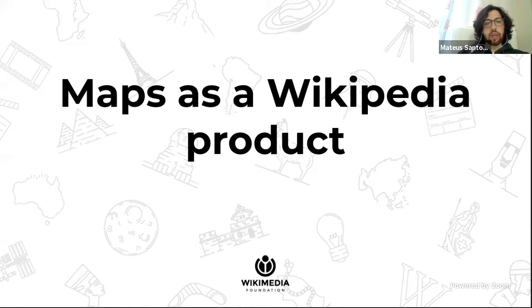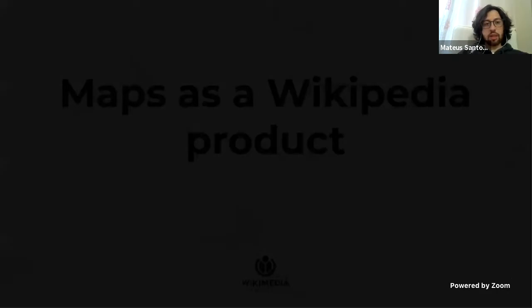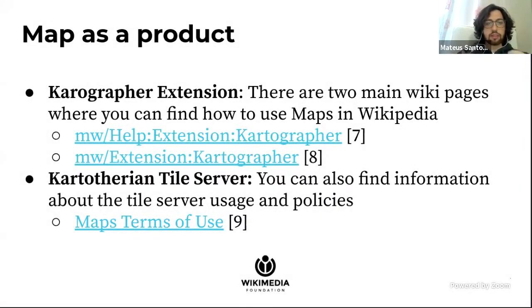Okay, so what is Maps as a Wikipedia product, and how is it available for the community? Maps has two main products. One of them is the Kartographer extension, which is mainly used by the community, where we can integrate maps with the wiki pages on every Wikipedia project.